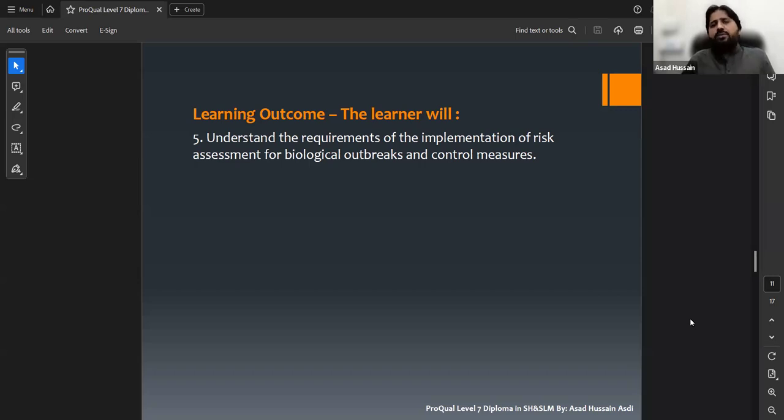So in this learning outcome, we will discuss what the requirements are for the implementation of risk assessment for biological outbreaks and control measures.